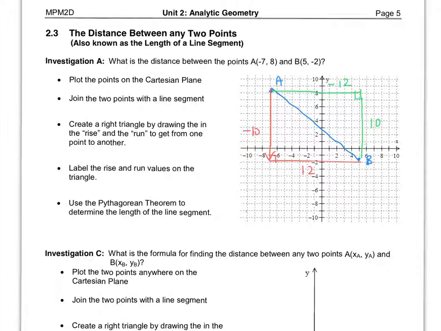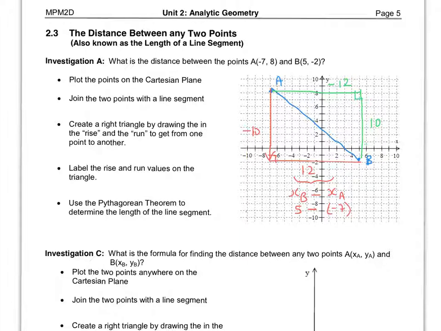Now these values for rise and run really fit in with what we've done in the past in grade 9 with slope, because I know that I can get this run of 12 by taking my x-coordinate from point B and subtracting my x-coordinate from point A. That really is my run. My x-coordinate from point B was 5, and we're taking away my x-coordinate from point A, which was negative 7.